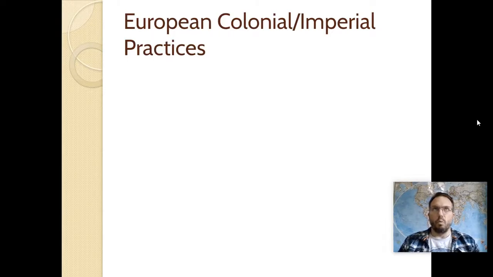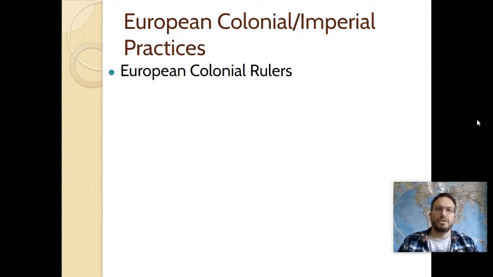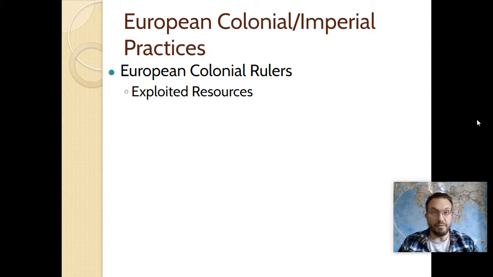Okay, what you need to understand today is a little bit more about European colonial and imperial practices, and how they played out and what effects they cause today. So, as rulers of the places that they colonized or imperialized, Europeans' number one drive was to exploit the resources there and exploit the people there as labor, slave labor, essentially.